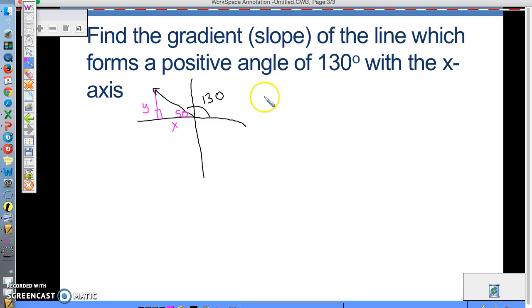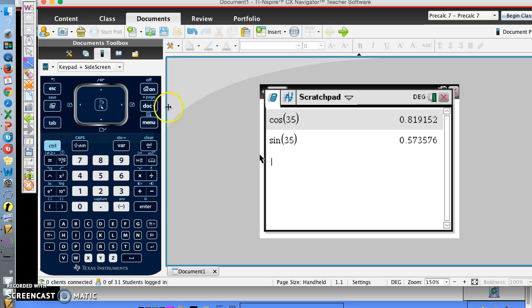So let's see here. The sine of 50, we would have y over 1, which is y. The cosine of 50, x over 1, which is just x. So let's see what we get when we type those in.